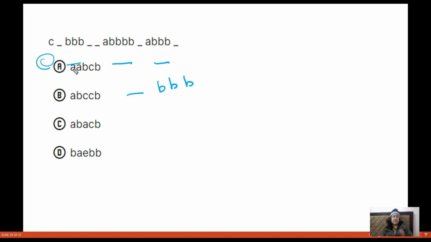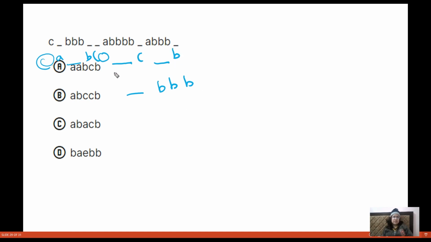So I think it will be like, maybe, because A is also coming. So if I do this C A B, and then CA, then 4 B's, then CA, and then 4 B's.